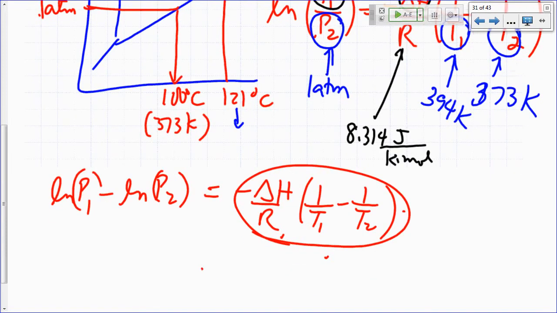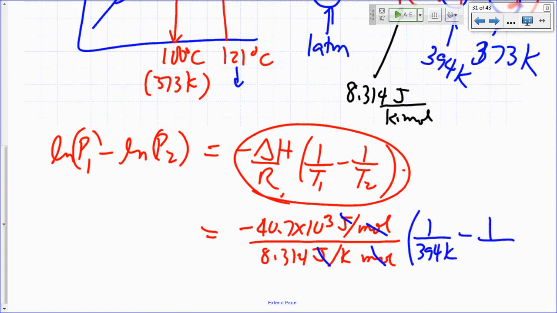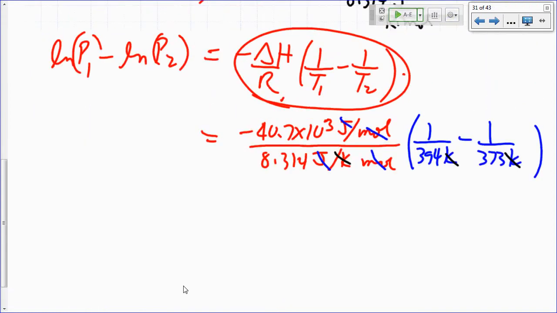So what would that number be? Negative 40.7 times 10 to the third joules per mole over 8.314 joules per Kelvin per mole. So joules per mole cancels out, which gives you Kelvin, times 1 over 394 Kelvin minus 1 over 373 Kelvin. So your Kelvin will cancel out. So that's ln of P1 minus ln of P2.